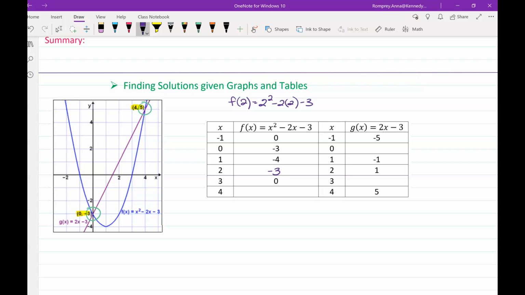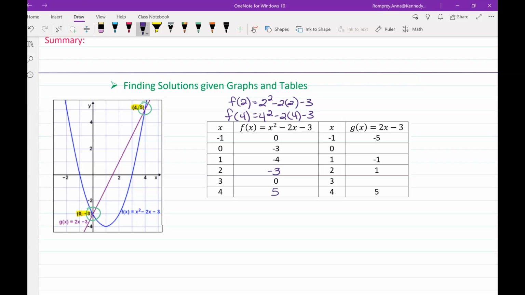Okay, so let's do it again. f of 4. I've got 4 squared minus 2 times 4 minus 3. So 16 minus 8 is 8, and 8 minus 3 gives me 5.